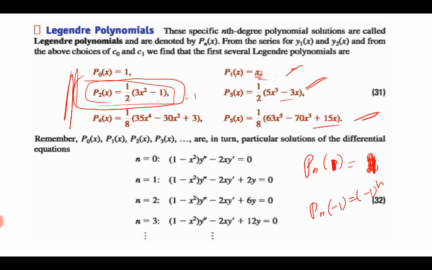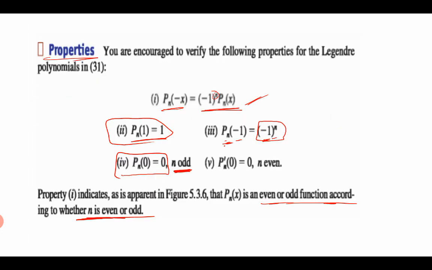So when x equal to 0, the odd Pn of x will be 0. And the derivative of Pn when x equal to 0 is 0 when n is even. For n odd, directly the function is 0 when x equal to 0. When n is even, the derivative is 0 when x equal to 0. That is it. So these properties may be useful for us.